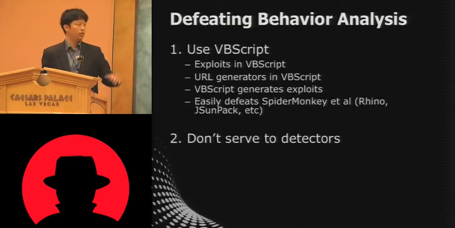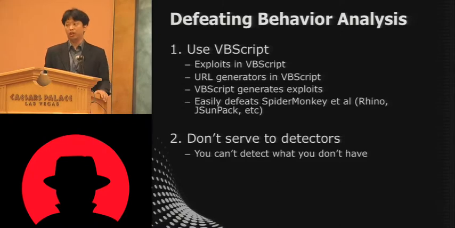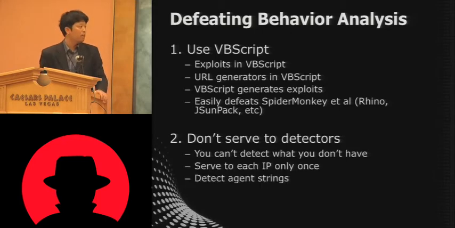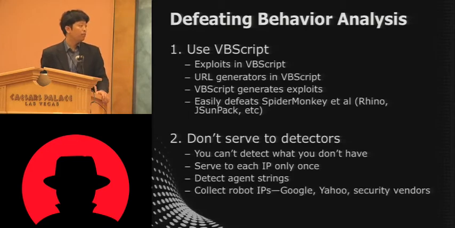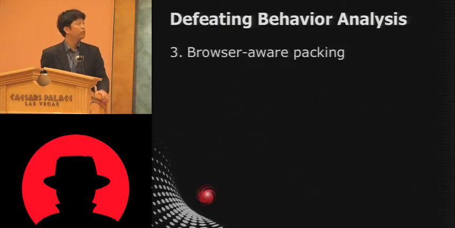Or just don't serve to detectors, like the feature we talked about previously. Serve once per IP, blacklist Google and security vendors' IPs, detect agent strings. All of these can be used.